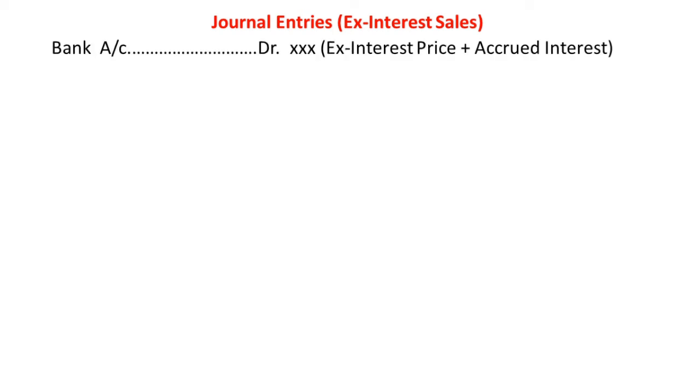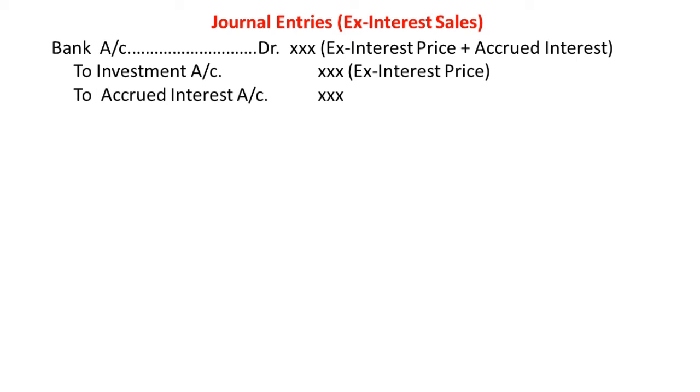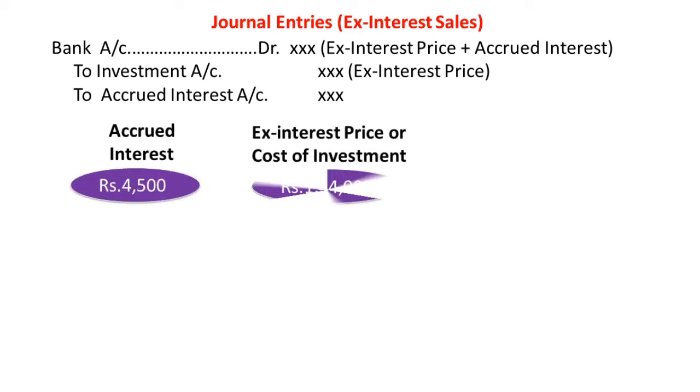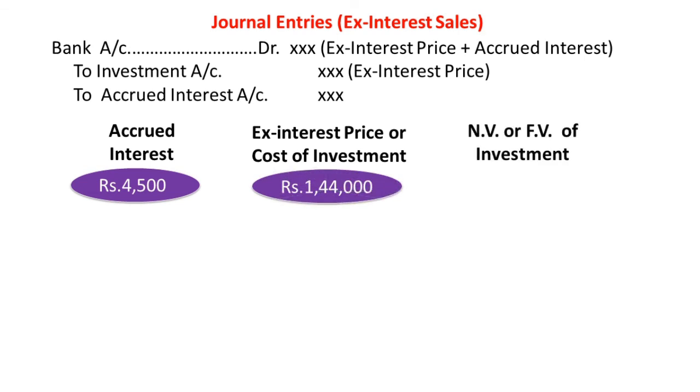Since it is sales, cash bank comes in, therefore cash bank account debit at ex interest price plus amount of accrued interest. Investment goes out, therefore to investment with only cost, that is ex interest price, to accrued interest with the amount of accrued interest. Now we already know the amount of accrued interest 4,500, cost of the investment sold is 1,44,000, and nominal value or face value of investment is rupees 1,50,000.